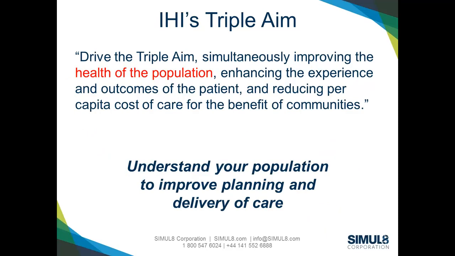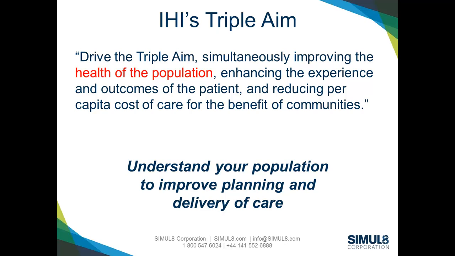From our perspective, we think IHI's triple aim statement is probably the best all-encompassing vision of where population health needs to go and how it fits in with the broader vision for healthcare. And so this is their definition of what the triple aim is.